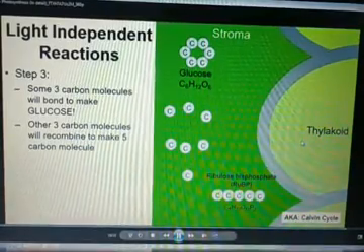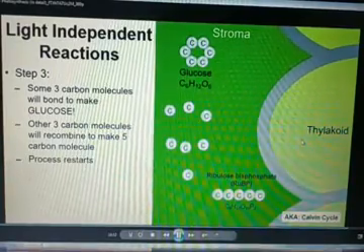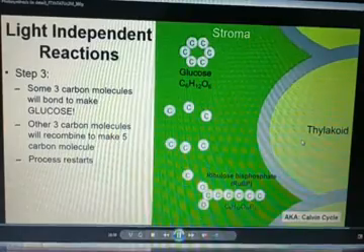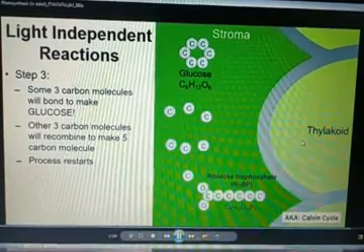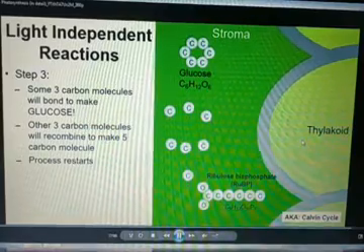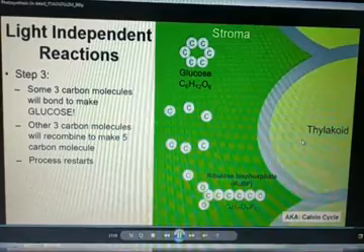Now we are repeating the Calvin cycle. The process just restarts, because carbon dioxide will again bond with 5-carbon RuBP, and again a short-lived 6-carbon molecule is formed, and the process repeats itself.